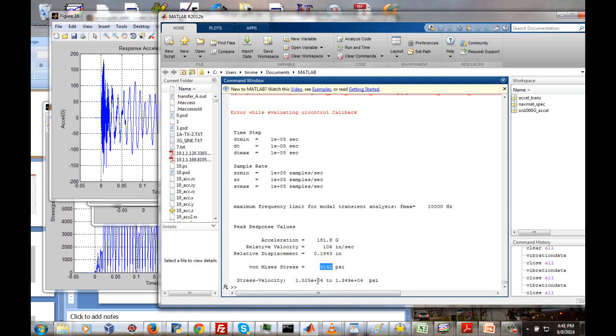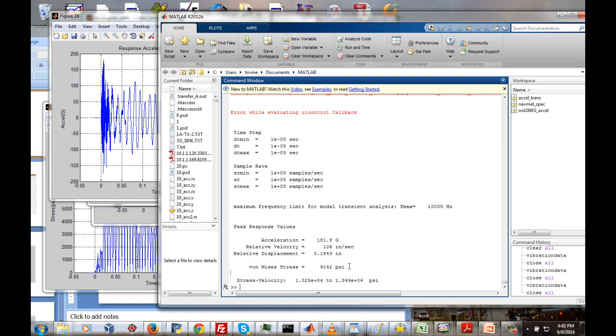Actually, the lower limit here I have set to about 1.9 times rho c times velocity, and the upper limit is about 2.5 times rho c. And so in this case, each of the two stress-velocity relationships are higher than what the von Mises stress gave us.